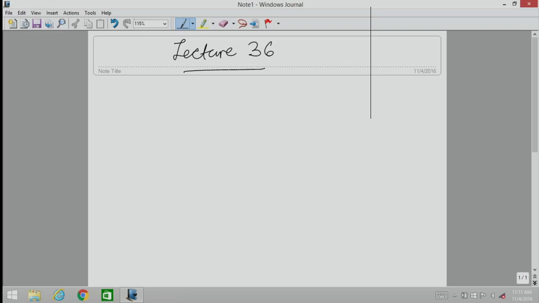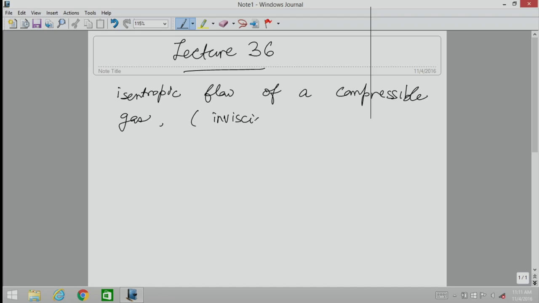Now we are talking of compressible flows, and in particular isentropic compressible flows. What we showed in the class last time was, if we have isentropic flow of a compressible gas, and we assume inviscid flow.